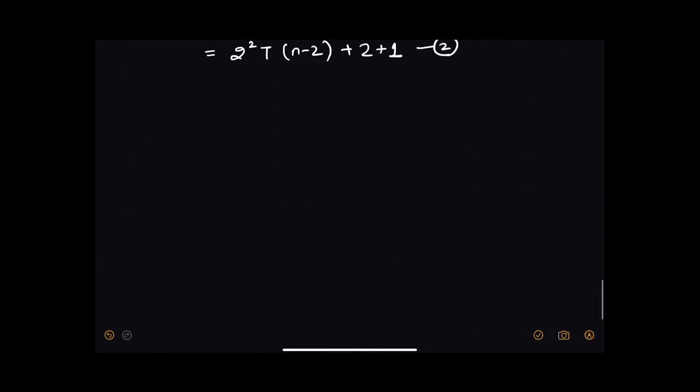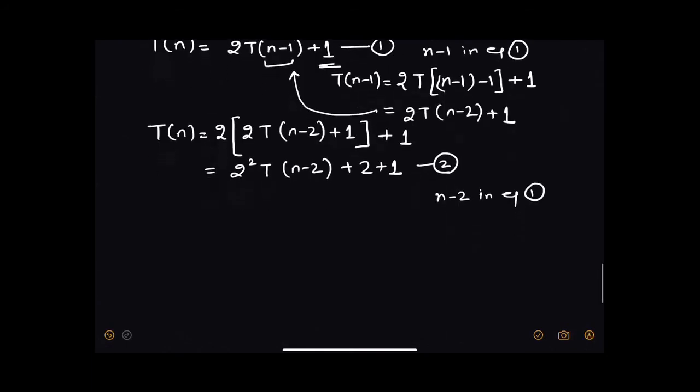Now I want the value of T(n-2). I substitute n-2 in equation 1, so T(n-2) = 2T(n-3) + 1.